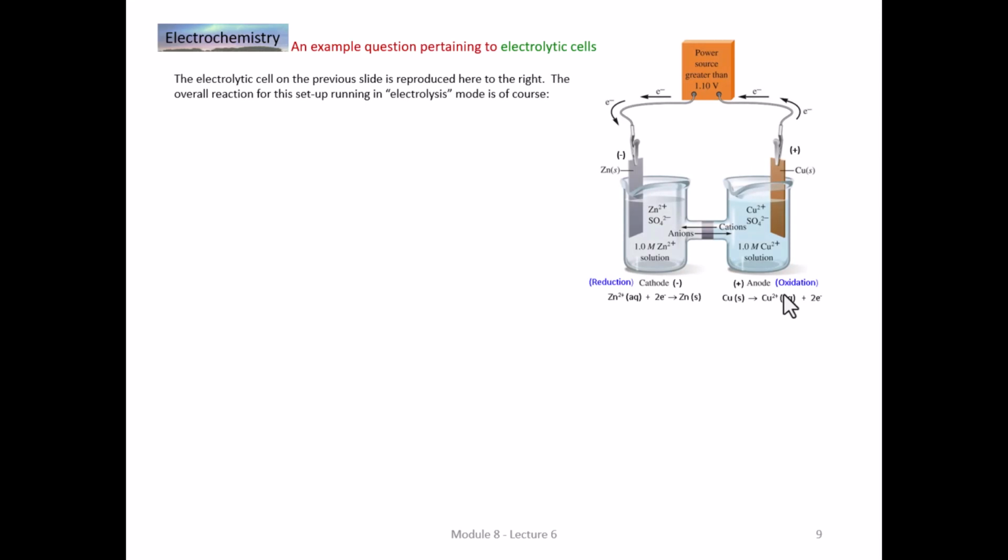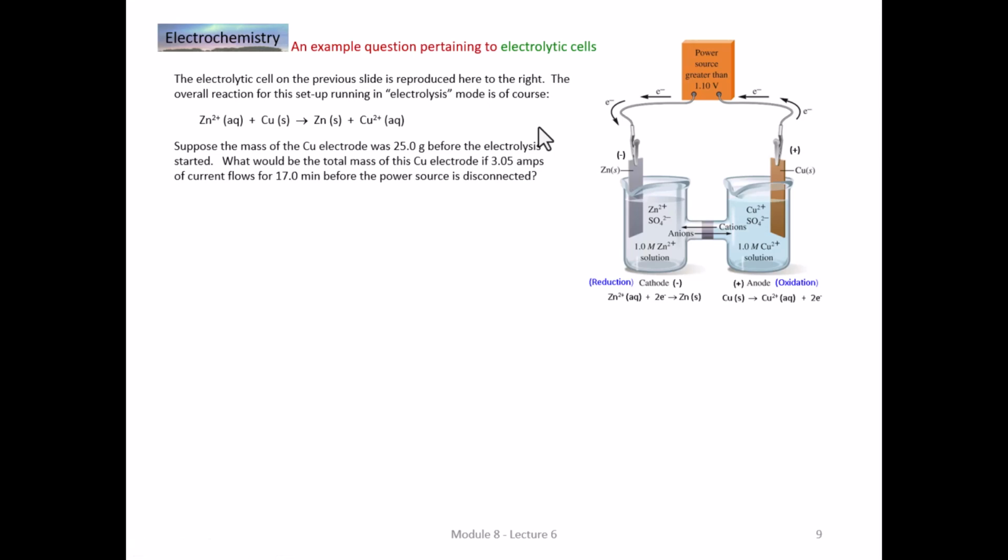Well, here's an example question that pertains to some information we could get from an electrolytic cell. So what I've done is I've brought the diagram of the electrolytic cell from the previous slide. And of course, this is set up in electrolysis mode. And that means that the reaction that we're driving here is the oxidation of copper to copper 2+, because we're removing electrons from the copper electrode, and the reduction of zinc ions to zinc because we're forcing electrons into the zinc electrode.